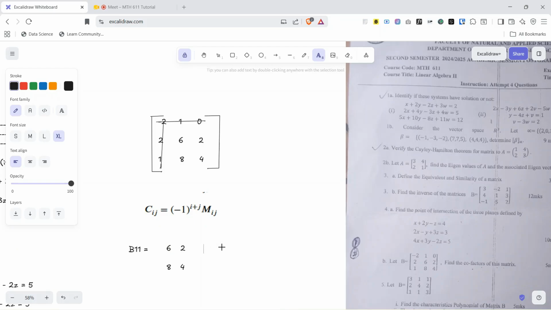This would equal 6 times 4, which is 24, minus 8 times 2, which is 16. So this is 8. So B11 is 8.